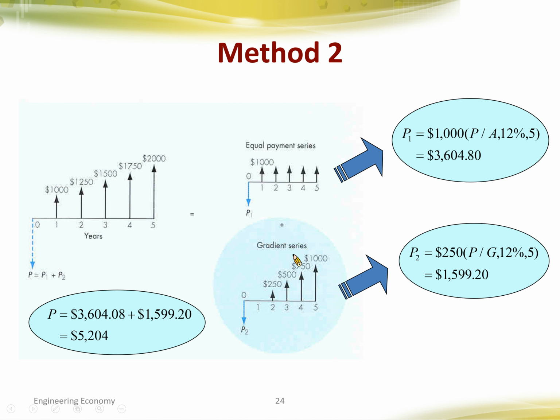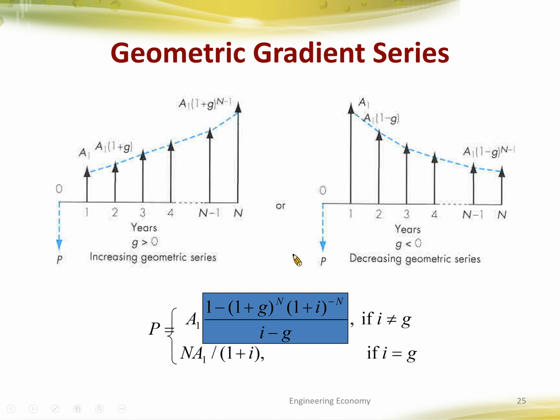And before that, we need to decompose the cash flow into well-structured cash flow, so that we can utilize the lookup tables. We can also look at the geometric gradient series.